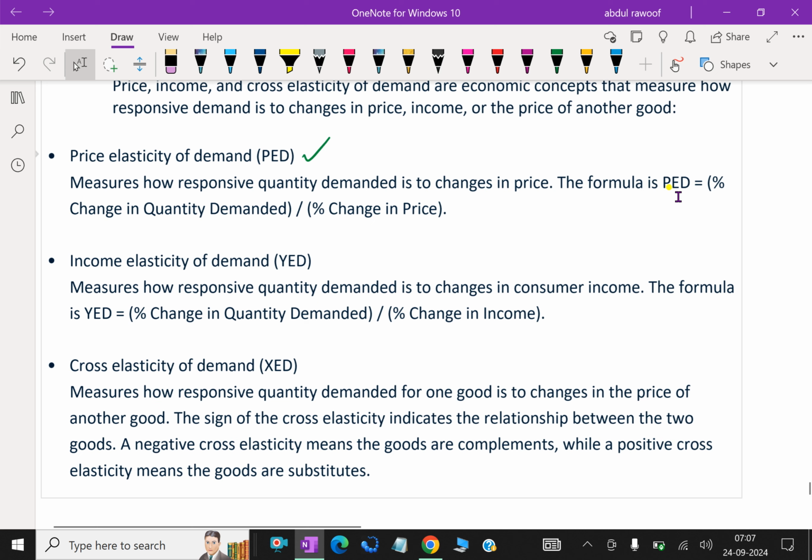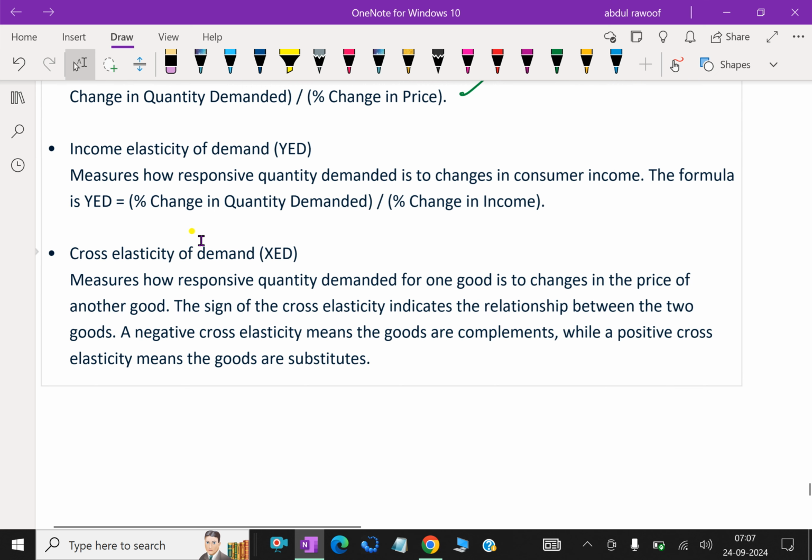The formula: PED equals percentage change in quantity demanded divided by percentage change in price. Income elasticity of demand measures how responsive quantity demanded is to change in consumer income. The formula is YED equals percentage change in quantity demanded divided by percentage change in income.